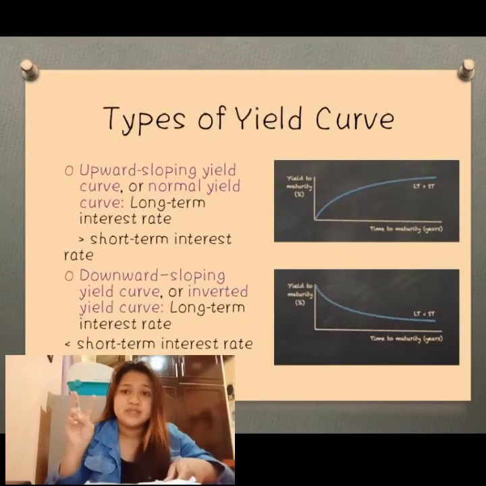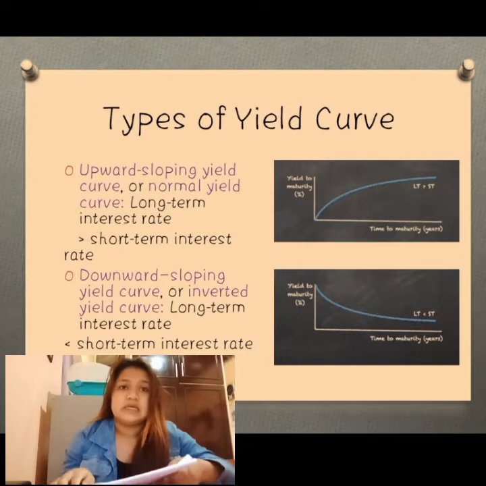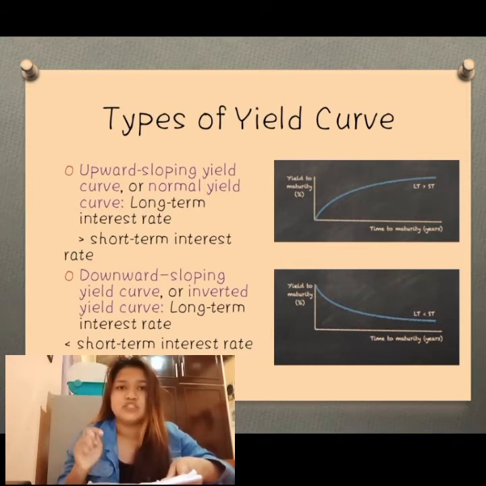There are two types of yield curve. First type is upward sloping yield curve or normal yield curve. That is, a long-term interest rate higher than short-term interest rate. Second type is downward sloping yield curve or inverted yield curve.